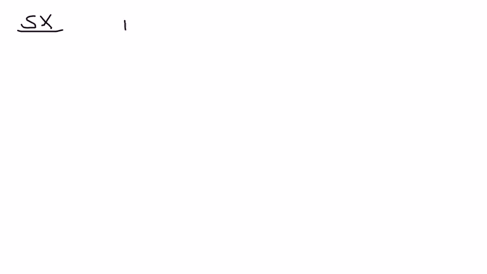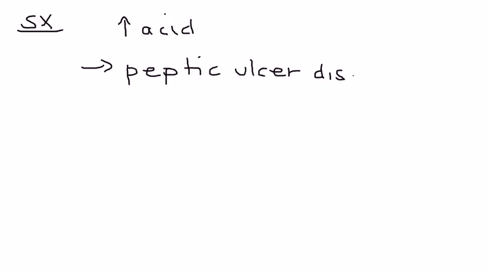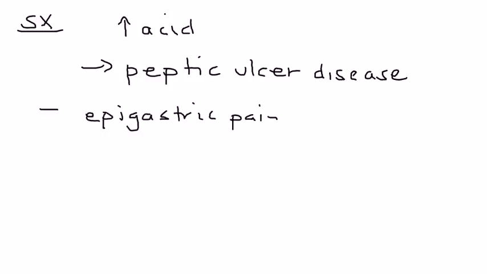Well, excess acid in the stomach that is being produced because of the excess gastrin is going to lead to stomach ulcers, and in particular peptic ulcer disease. And the patient's symptoms essentially will be epigastric pain, and this epigastric pain is pretty severe.